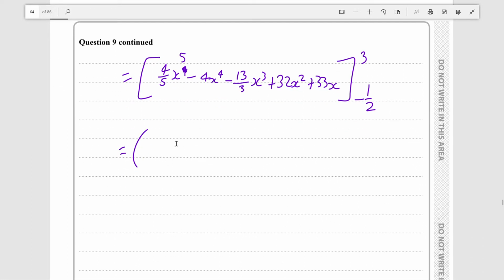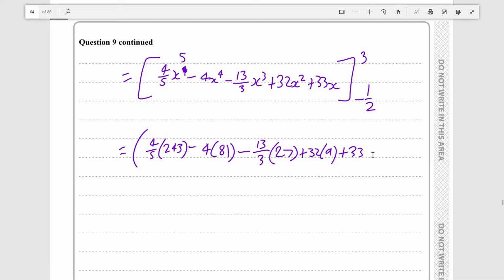And first we do that with 3, so 4 over 5 times 243 minus 4 times 81 minus 13 over 3 times 27 plus 32 times 9 plus 33 times 3. And then minus the bound for negative 1 over 2.